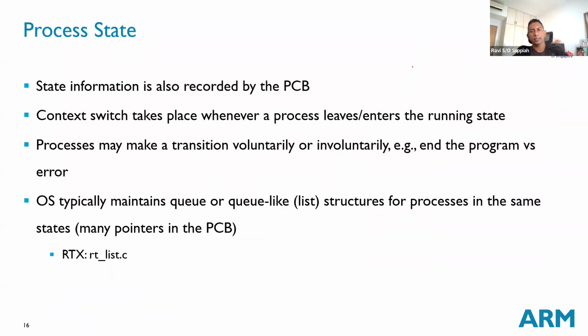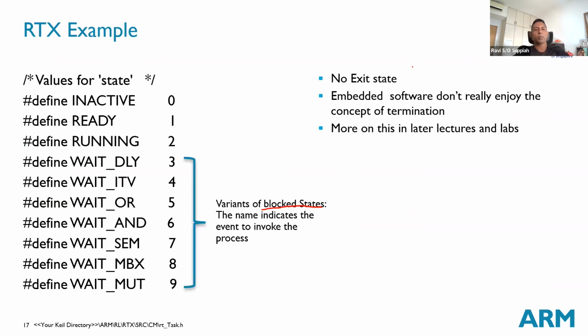The process state, like I said, is about where we are in terms of the view of the scheduler. There are many different process states. Ready and running are the ones we are focusing on now. Just now I said that when I'm waiting for something, we call it blocked, but blocked actually has a lot of subcategories.